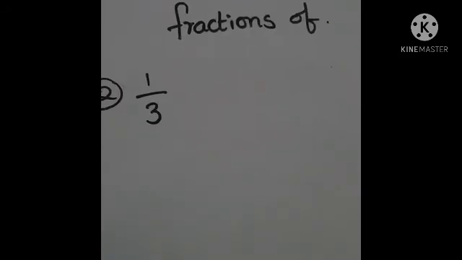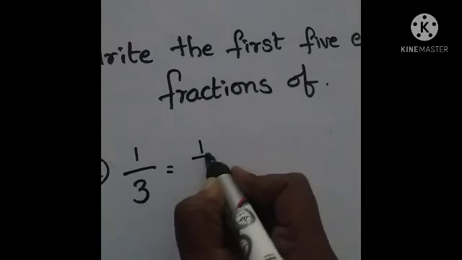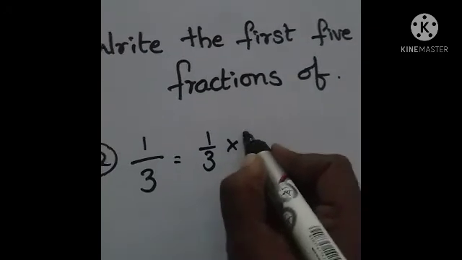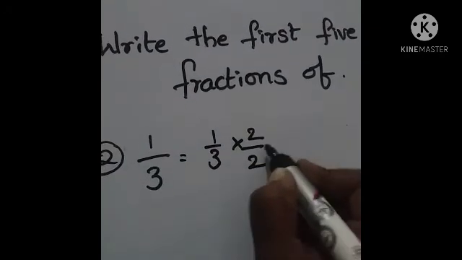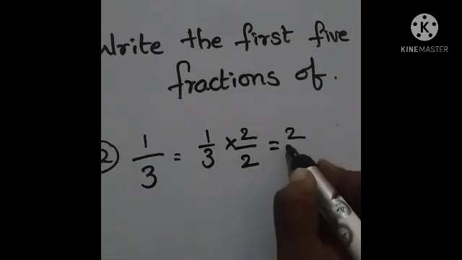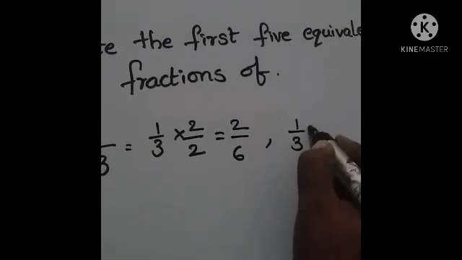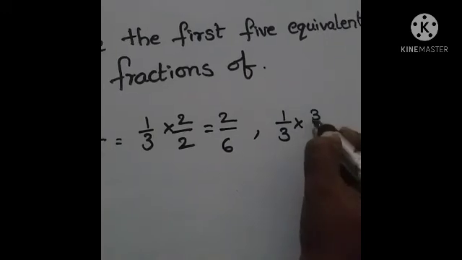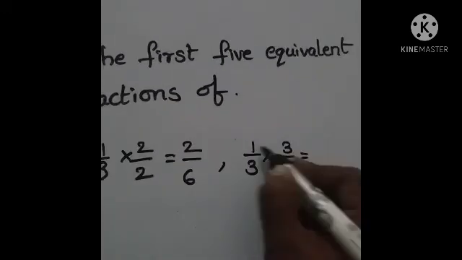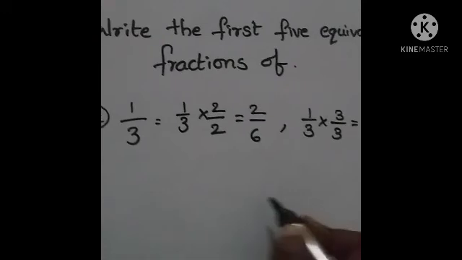Second one, 1 by 3. 1 by 3 into 2 by 2: 2 ones are 2, 3 twos are 6. Next, 1 by 3 into 3 by 3: 3 ones are 3, 3 threes are 9.